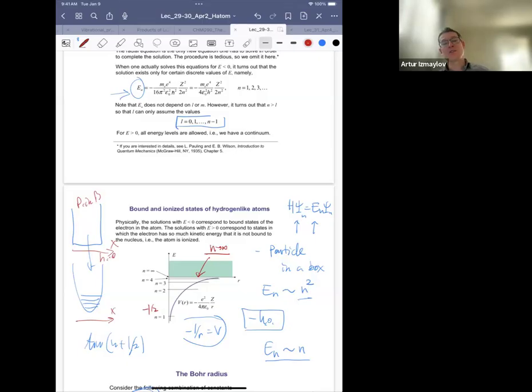Okay, so that is zero. Ground zero is all the particles scattered so that there is no interaction between them. Okay, so that's what zero is. In this case of hydrogen or hydrogenic atom, we have how many particles?